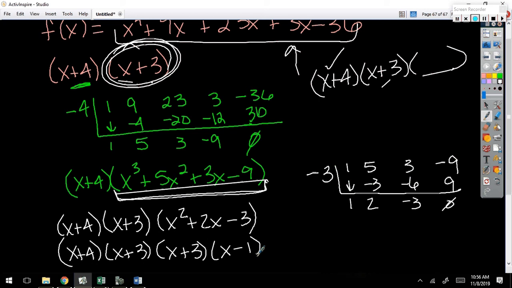Yes, if you wanted to write this as x plus 4, x plus 3 squared, x minus 1, that's fine too.